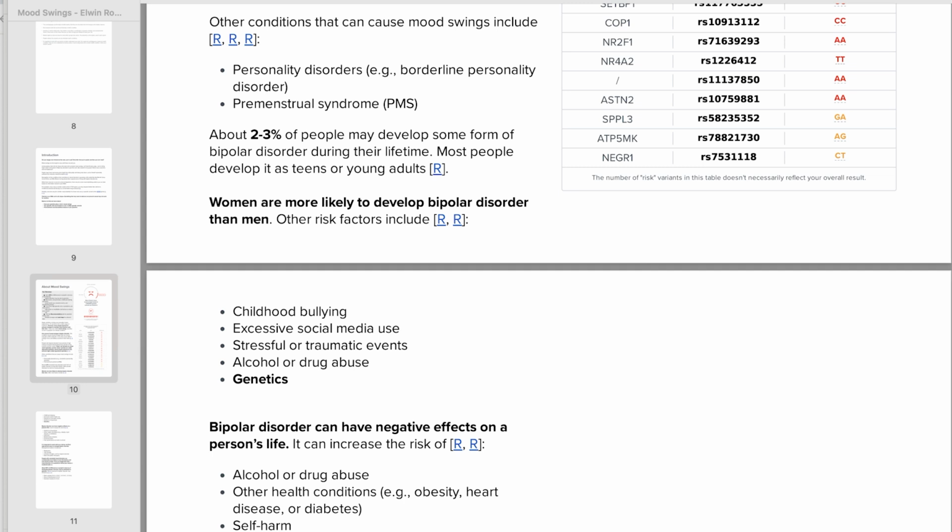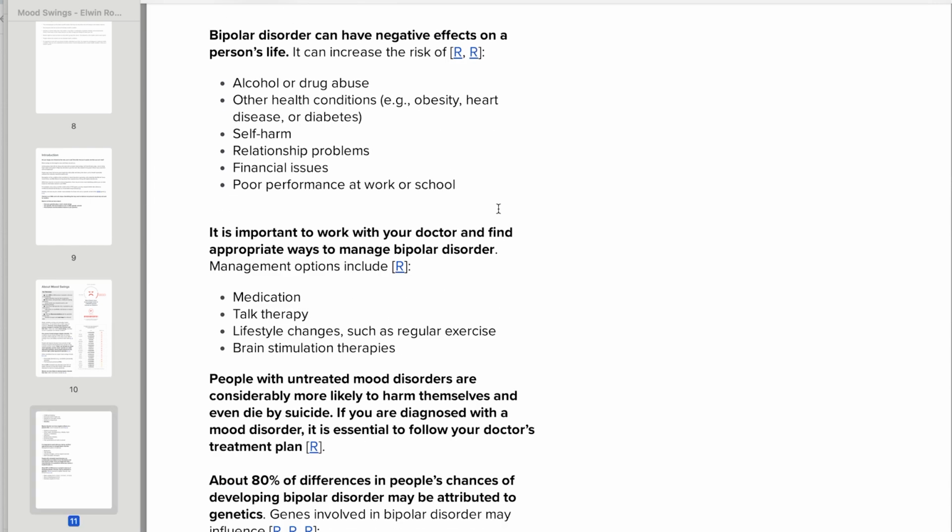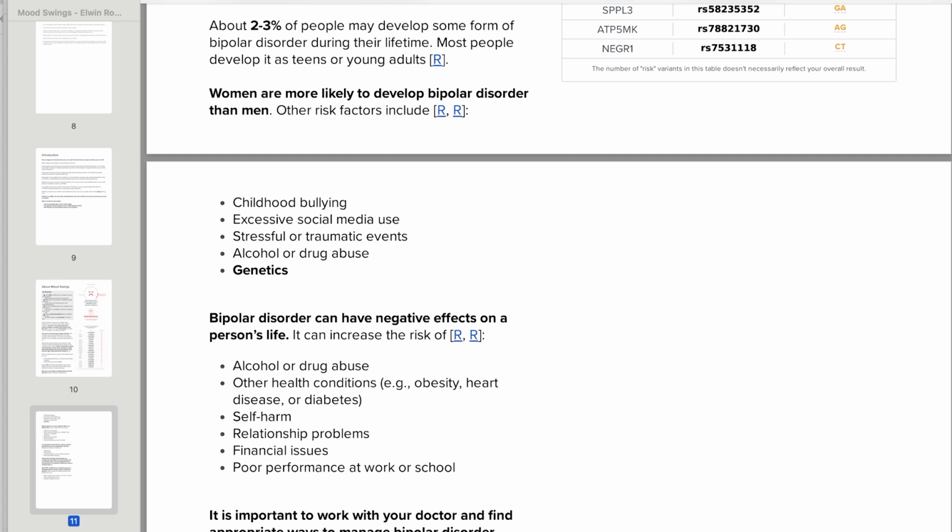And okay, 1% full-blown bipolar, but it says here 2 to 3% of people may develop some form of bipolar disorder. And so I'd say there the distinction would be that with all these things, and to some in the medical industry, they still treat it that way. They treat things very binary, like you either definitely have it or you definitely don't, and that's it. But we know with most things, it's a spectrum, right? And so this person's probably along the spectrum towards bipolar disorder, and they don't have it full blown, and they're still functional. But they should be careful.